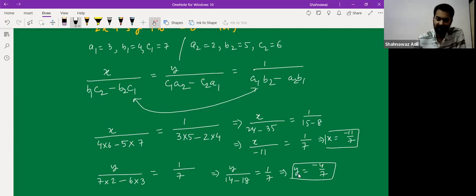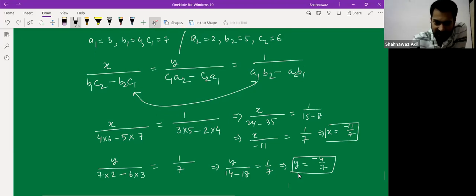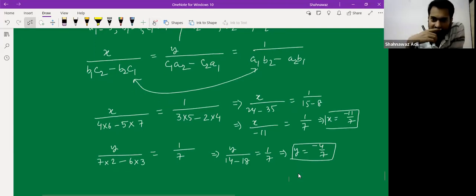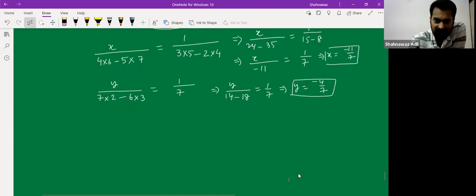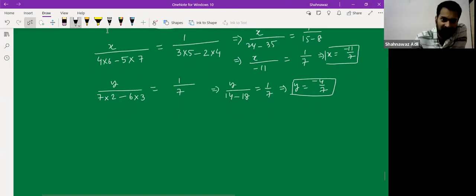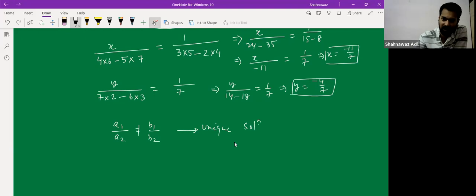Did you guys note it down? Okay, so let's just recap something that we need here. You guys remember what was the condition of unique solution? A1 by A2 not equal to B1 by B2. So this was unique solution. I am just recalling what we learned, right?